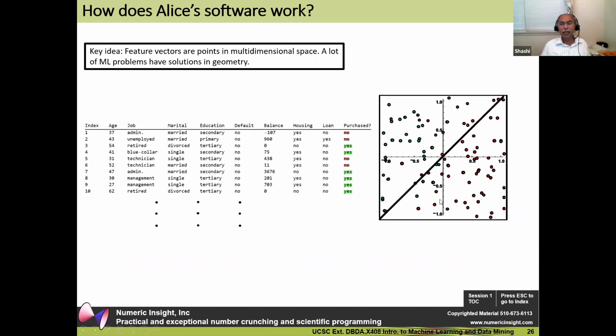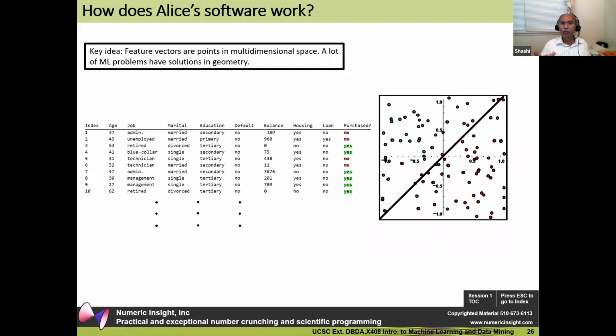And once you draw this line which separates as best as it can the green points from the red points, you see that solving this machine learning problem reduces to the geometric problem of finding: is that customer above that line or below that line? And that problem can be easily solved using geometry.